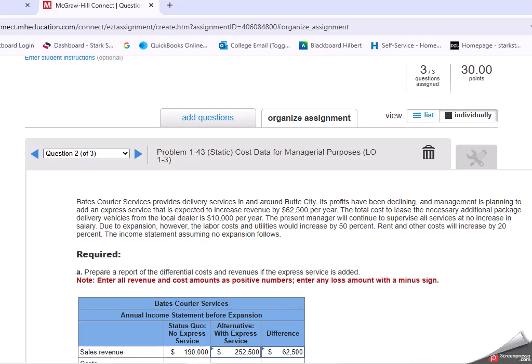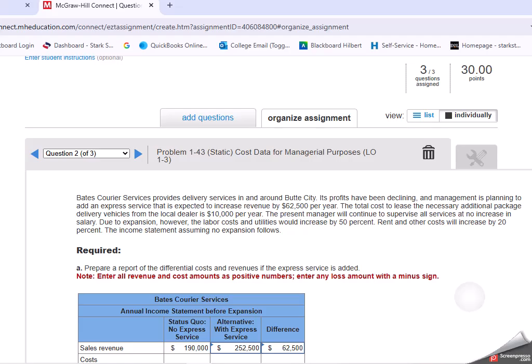The total cost to lease the necessary additional package delivery vehicles from a local dealer is $10,000 a year. The present manager will continue to supervise all the services at no increase in salary. Due to the expansion, though, direct labor costs and utilities will increase by 50%. The rent and the other costs will increase by 20%.